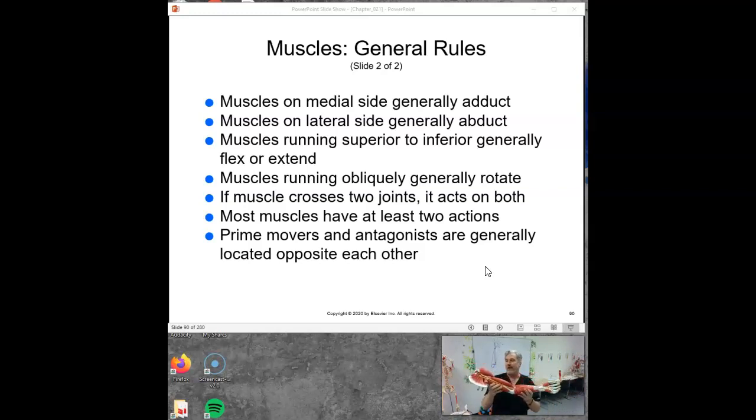I'm well aware, this is the bicep here, that it doesn't look like the bicep really crosses over the joint, because what really happens is this little tendon at the end crosses over the joint. But that's what I mean by it crossing over the joint. It's hooked to a rope that crosses over the joint. And remember, if a muscle doesn't cross over a joint, it can't affect it. If it does cross over a joint, it affects it. That's 100% true 100% of the time. I cannot think of a time that that's not true. So this is why we care so much.